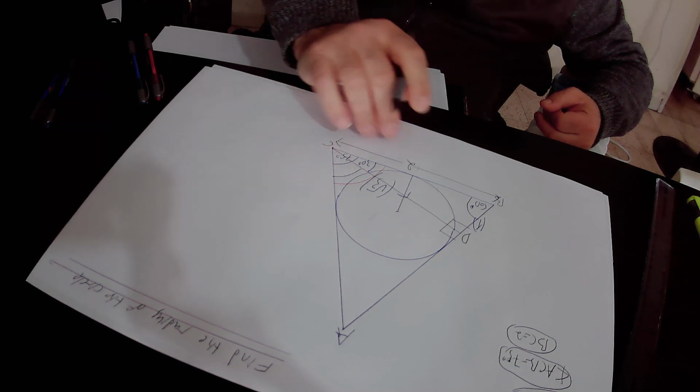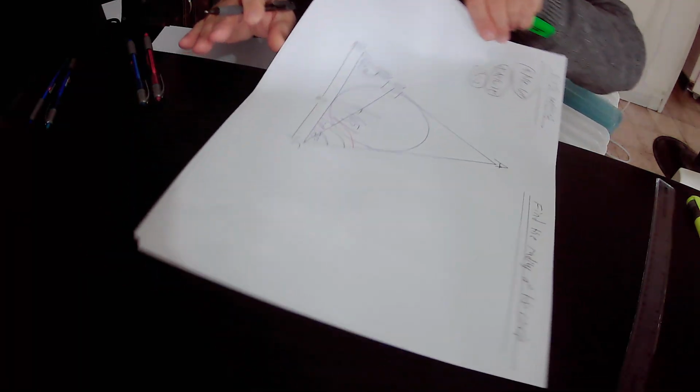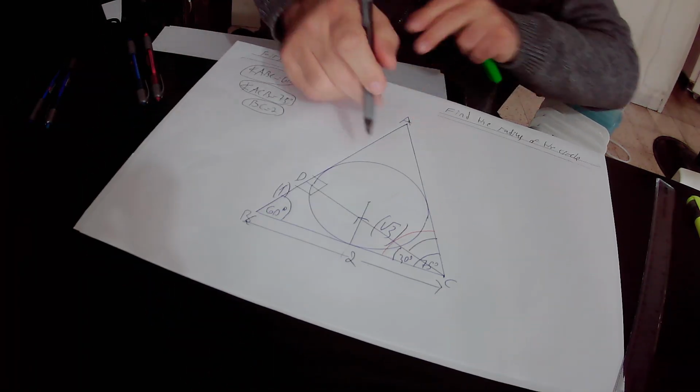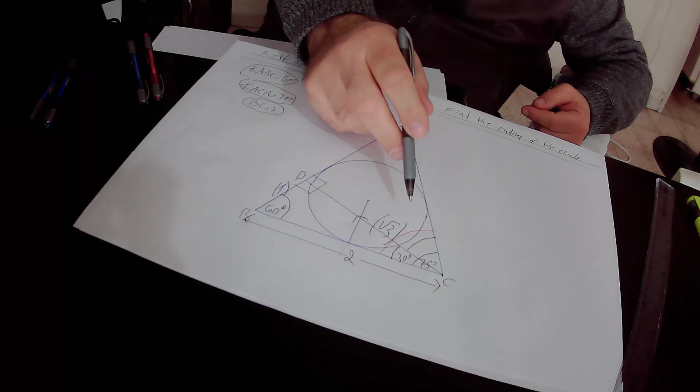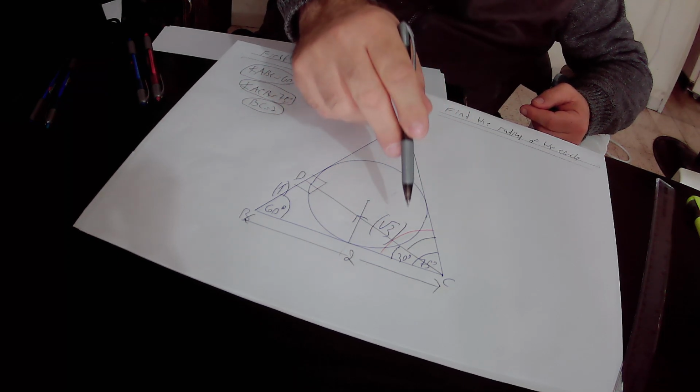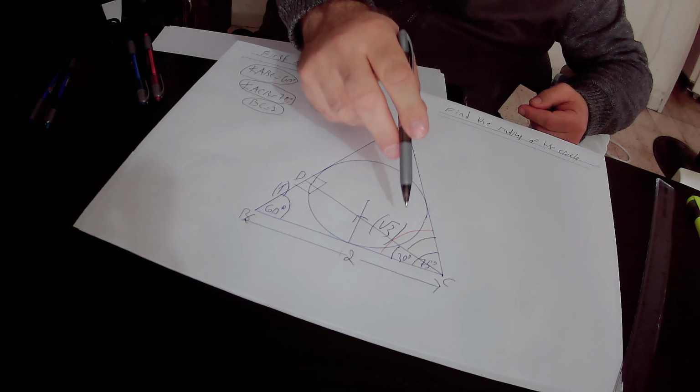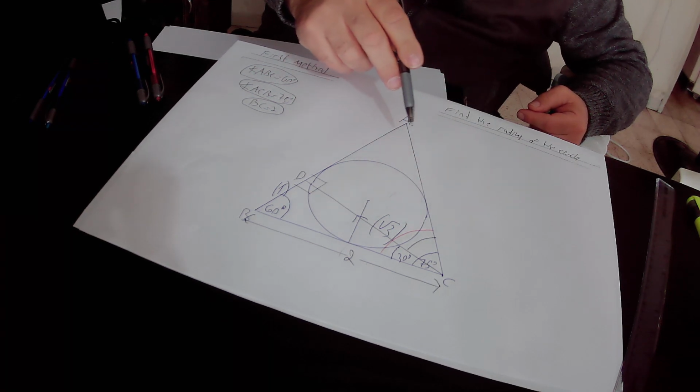Repeat again. The big angle ACB minus the small angle DCB will be equal to the missing angle ACD.